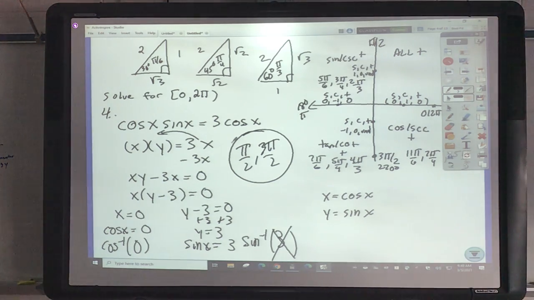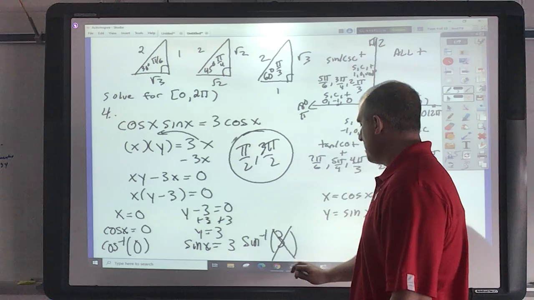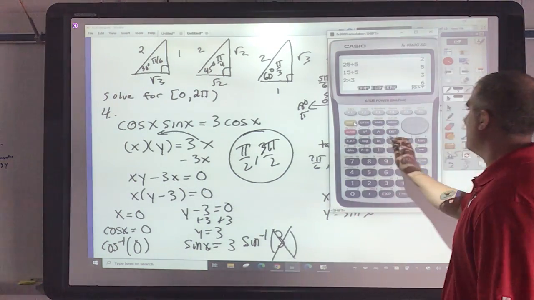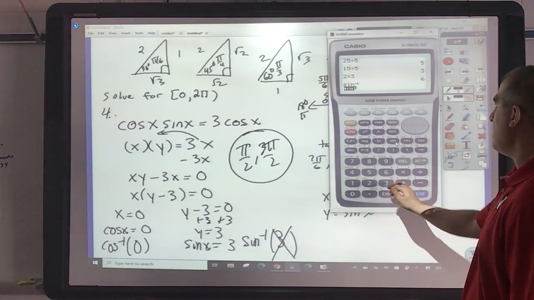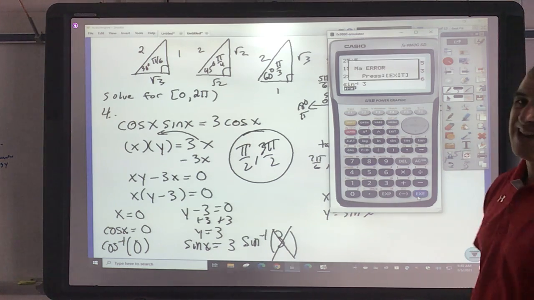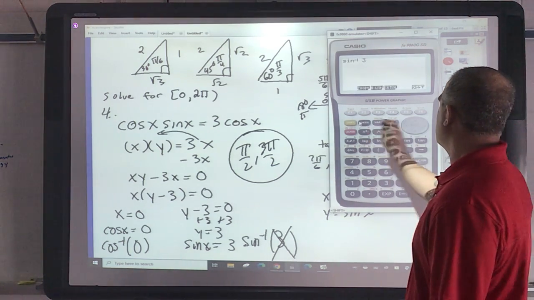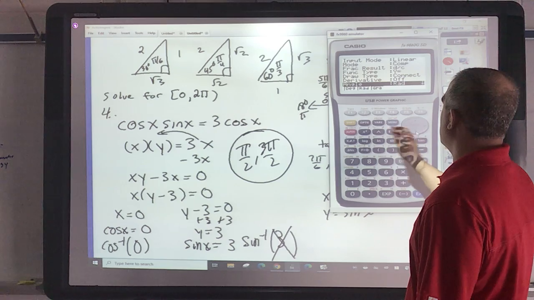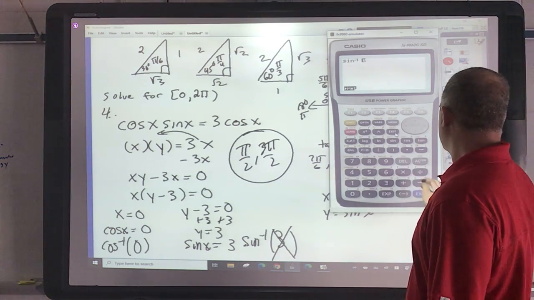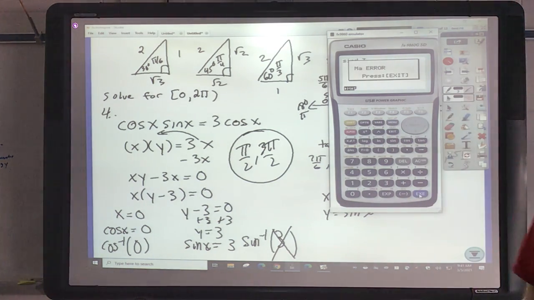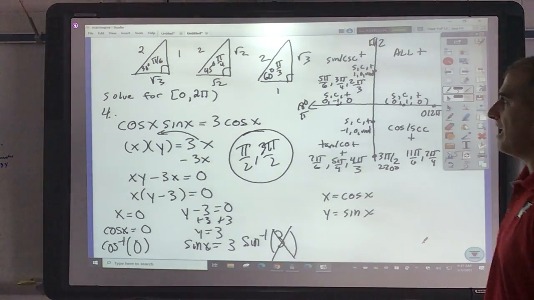The sine inverse of 3 does not work. You can also test that in your calculator. Sine inverse of 3 doesn't even get an answer. Even if I make it degree, it tells me not possible. So that's how you can figure that out.